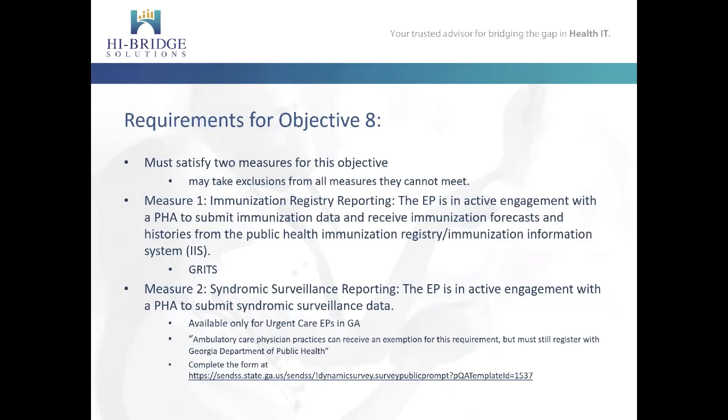There are several requirements for this objective. There's 5 total options, and you must meet 2. And again, like we said with the prior one, you can take exclusions for all the measures that you do not meet, but you must either meet 2 or exclude all of the rest. An exclusion does not count as meeting the measure.